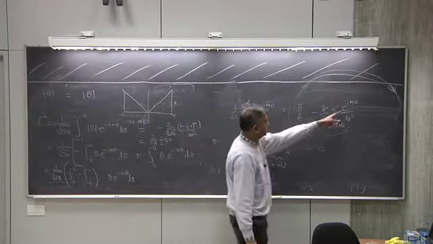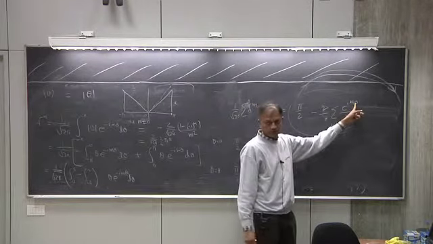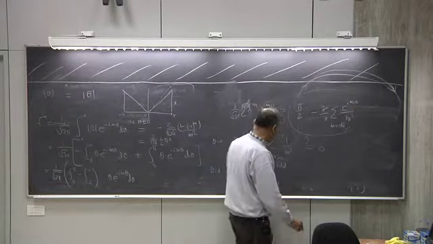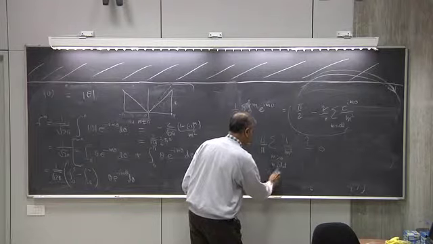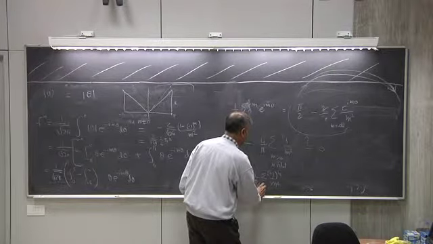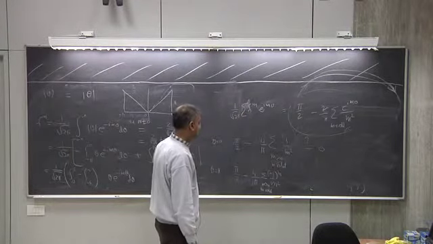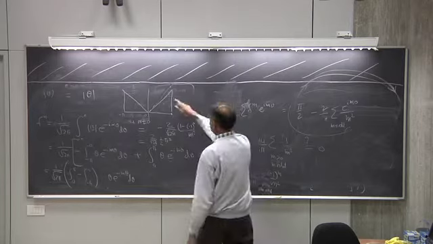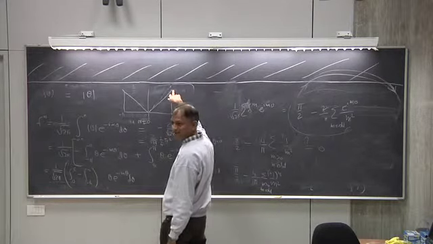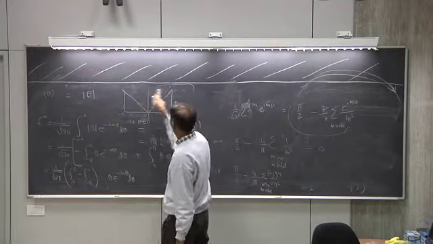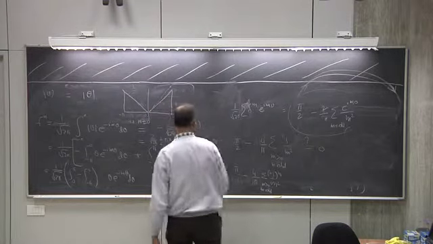But now I have an e to the i m pi, so there's a minus 1 to the m. So you get here minus 1 to the m, and m greater than 0 and m odd. Okay. And according to this, it should be equal to pi, right? Because the average value is the same, both are equal. So it should be just pi.